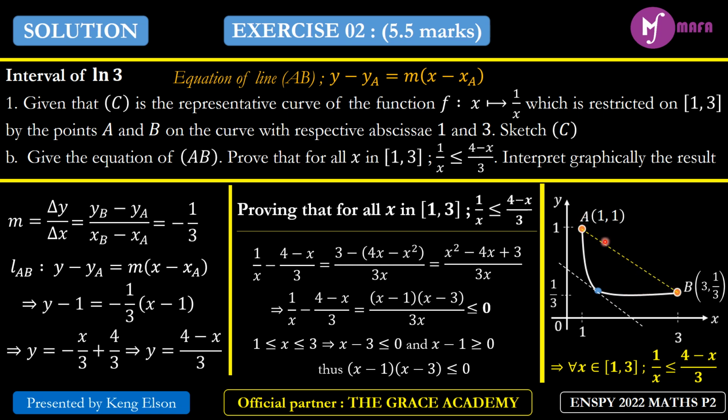The line AB is always above the curve in the interval 1 to 3. If you surpass this interval, you're going to see a different result. But since you are restricted in this interval, the line AB is always above the representative curve of the function f of x equal to 1 over x. So that's our graphical interpretation of the result.